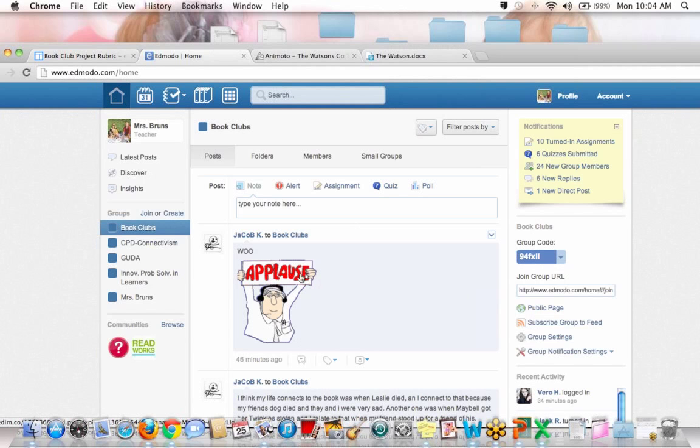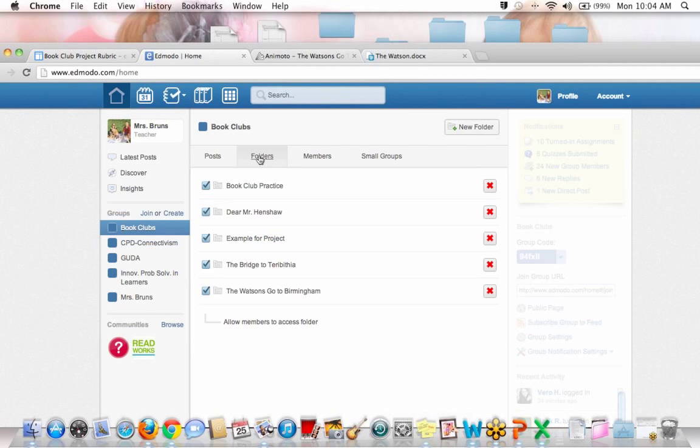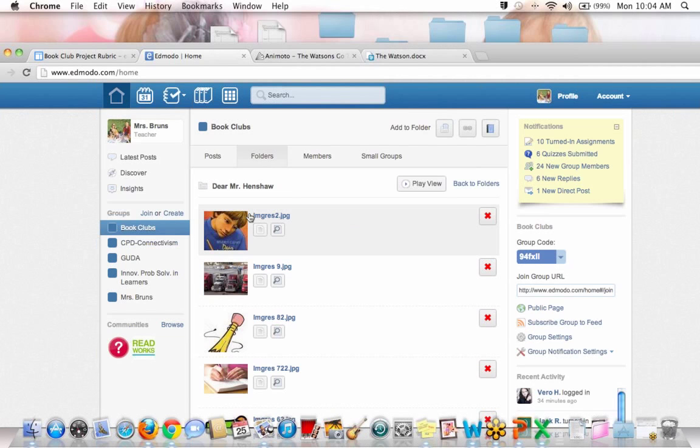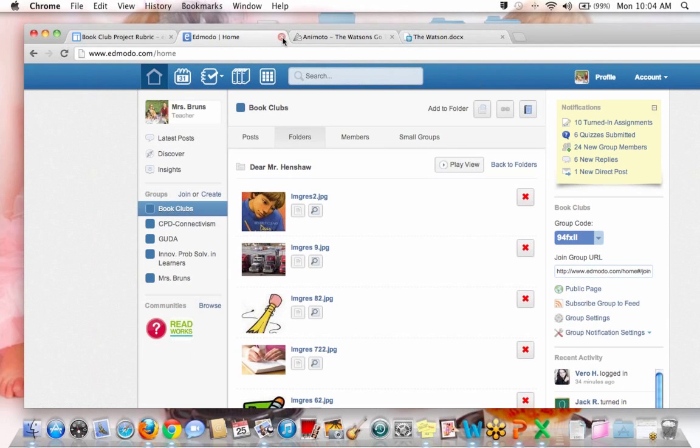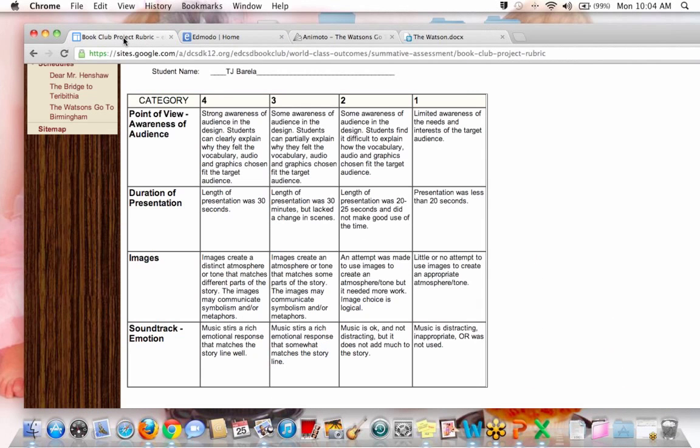This is new, so you might not have seen that yet. So folders is where you needed to go. You needed to go to your book and choose images, drag them and drop them onto your desktop, and make the Animoto video. So Lucas, if you can get that done by the end of today, you'll still be able to participate and get a score.